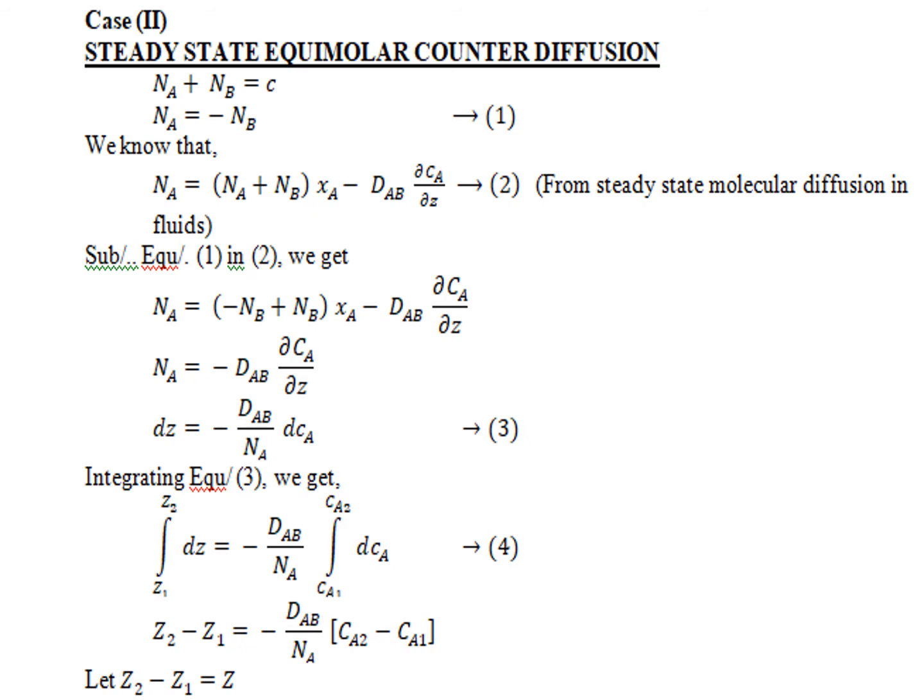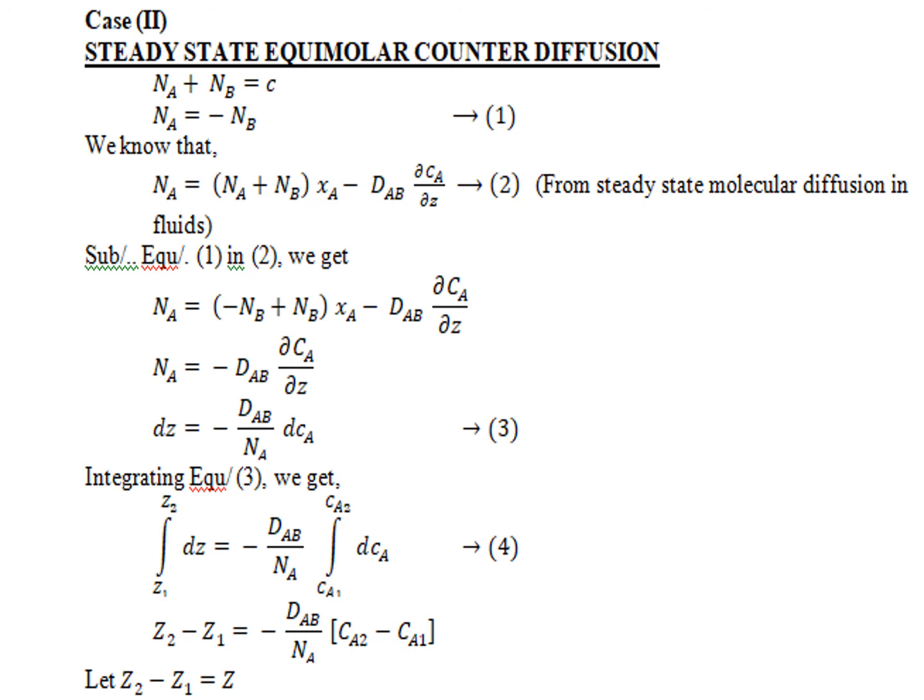It applies when the molar latent heat of the two components is the same, that is lambda A is equal to lambda B. Only in this case do distillation columns apply in an equimolar counter diffusion condition. The point is lambda A is equal to lambda B. Are you clear now?